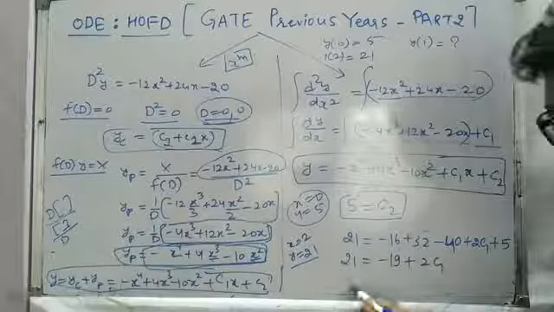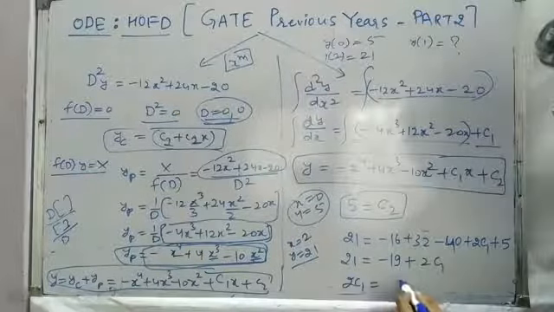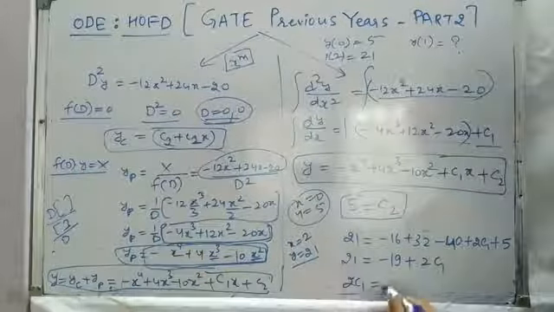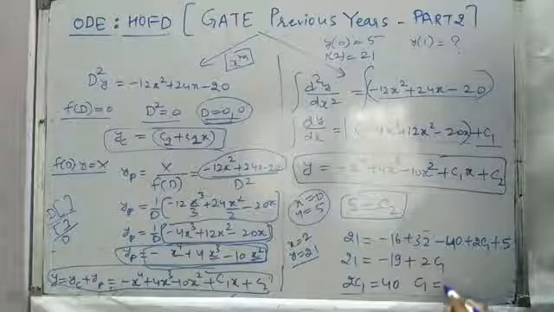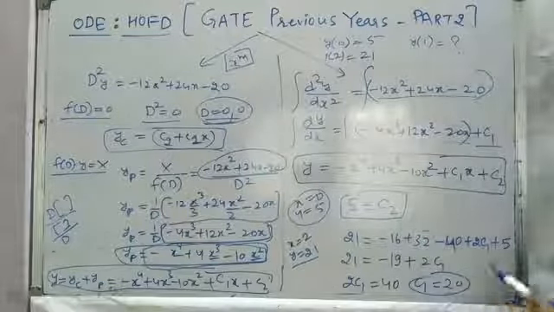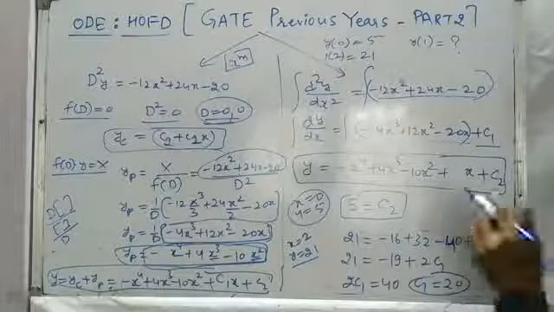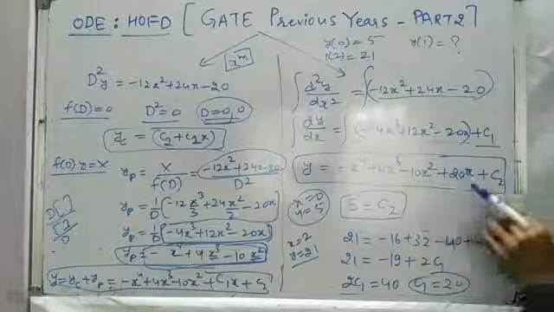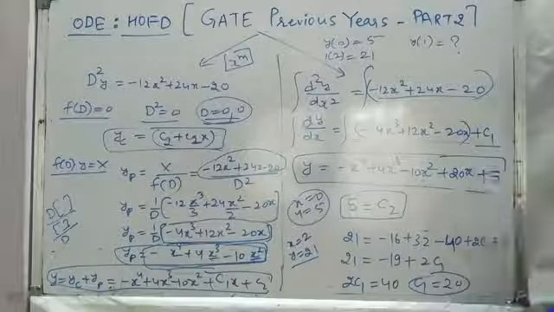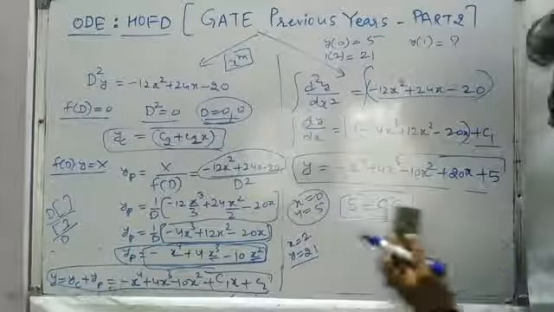So we are going to get 2c1 is equal to 21 plus 19, that is 40. So c1 is equal to 20 we are going to get. So if we put the values of c1 and c2 here, c1 is nothing but 20 and c2 is nothing but 5. So this equation we are going to get as the exact solution.